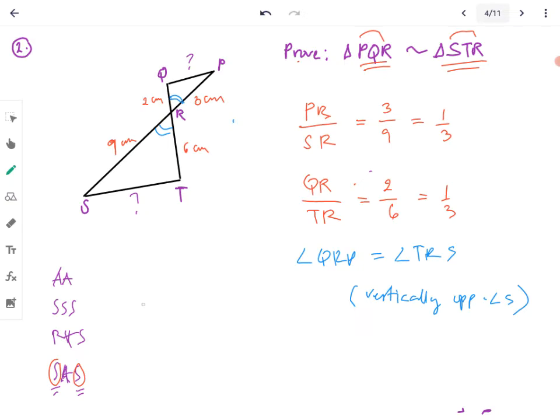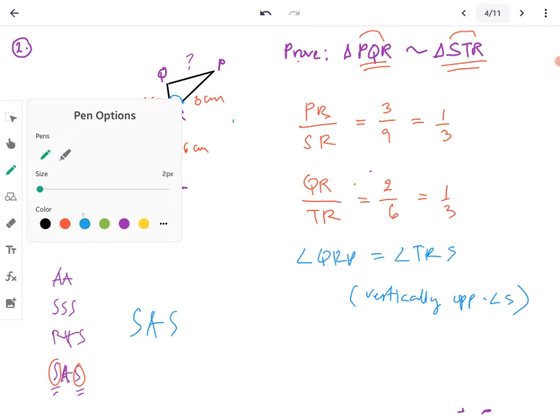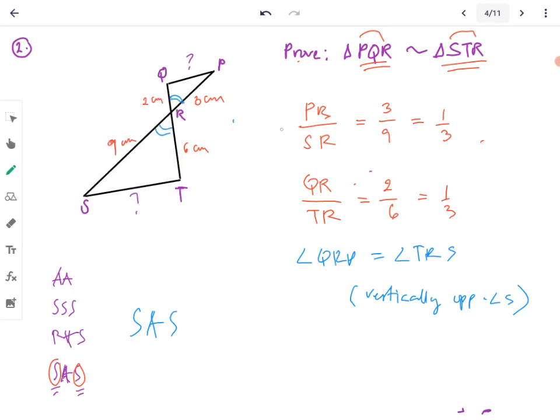So as you can see in SAS, we take the ratio, we take another ratio of the corresponding sides, and we found out that they are equal. We also look for the included angle, which is this one. So we satisfy SAS already in this figure.